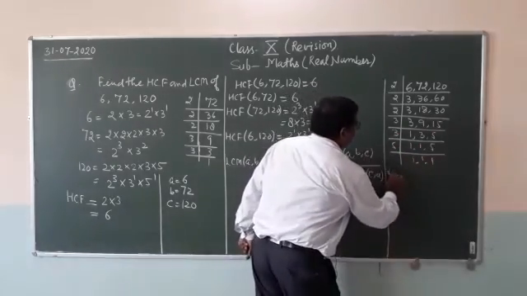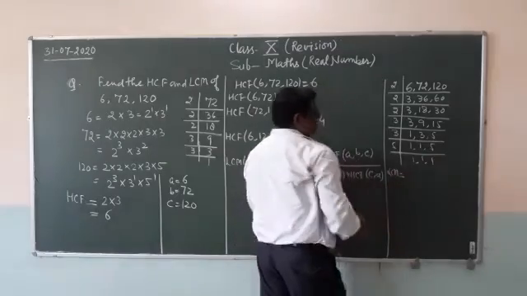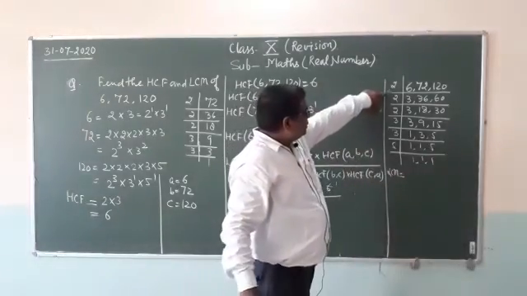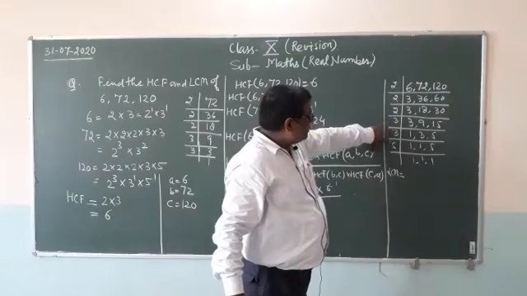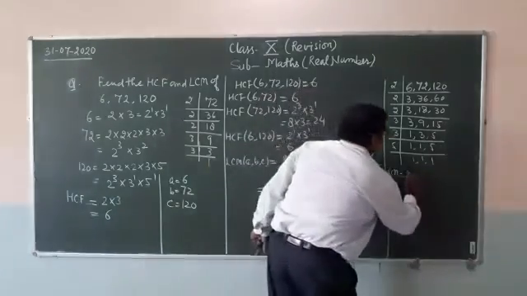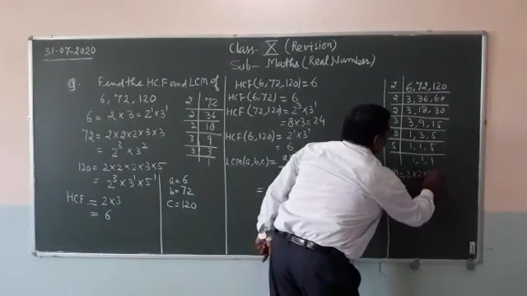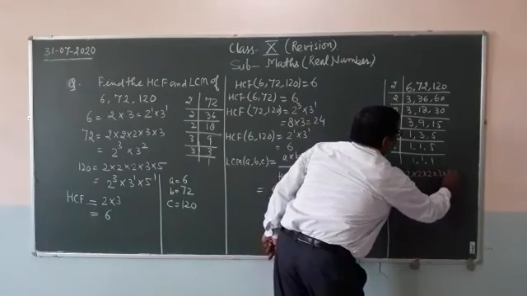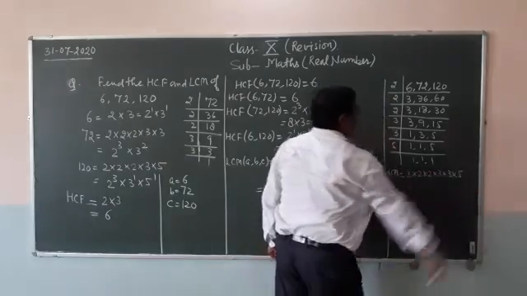Therefore LCM is equal to 2 into 2 into 2 into 3 into 3 into 5.